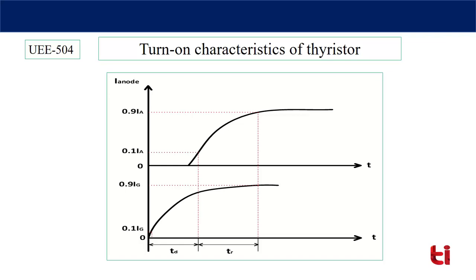After some time the anode current starts building. The reason is that as soon as the gate current is applied, carriers start moving in opposite directions, electrons moving towards the anode and holes towards the cathode. At the same time, the three junctions have to break down. This takes some time, and because of that this delay time is there.